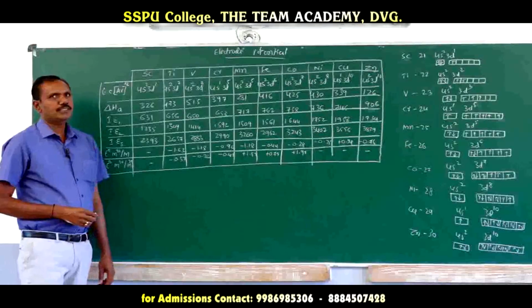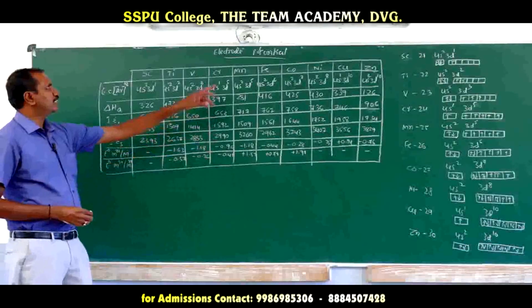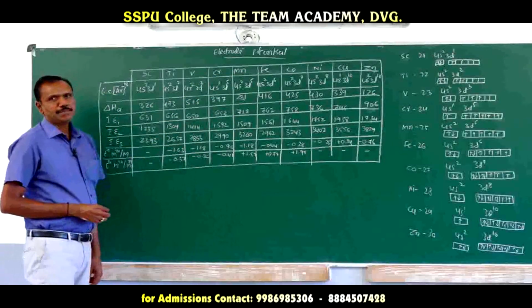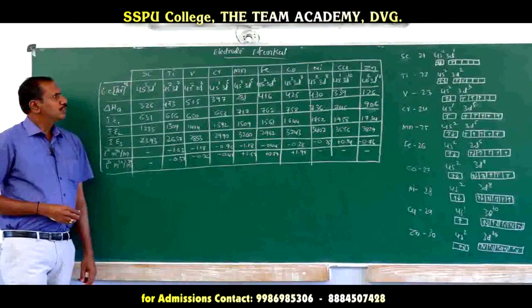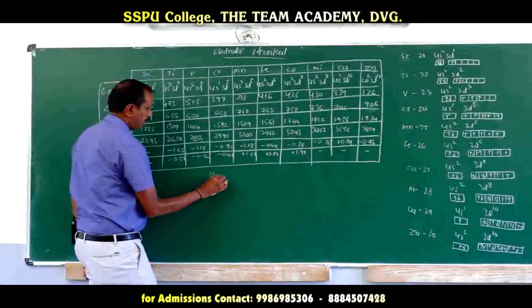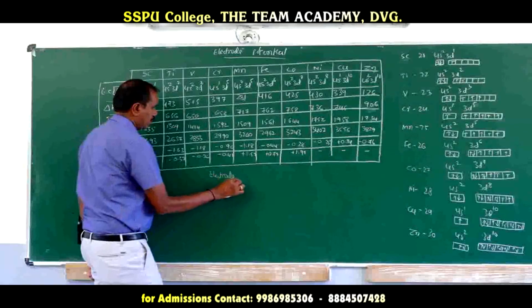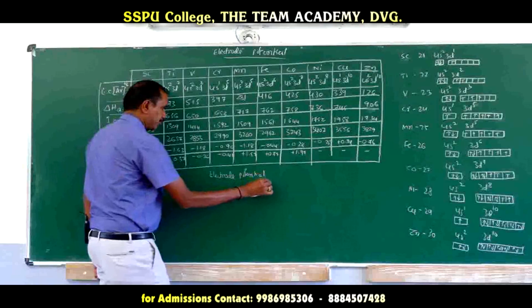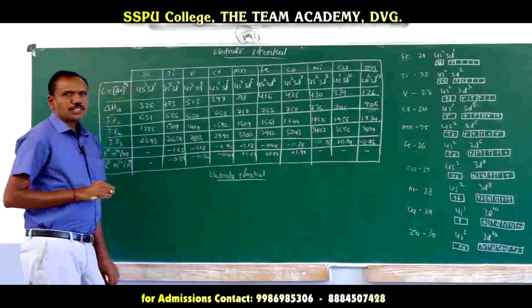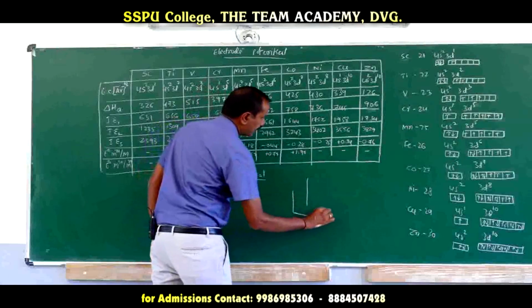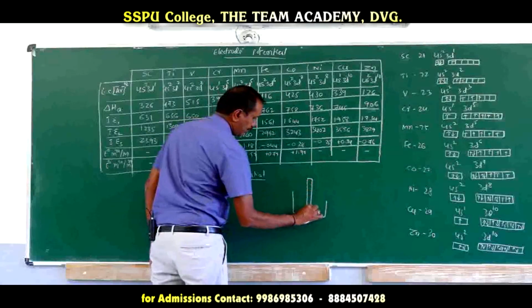So, dear students, now we will discuss the electrode potential in the case of d-block elements. First, we should know what is meant by electrode potential. The electrode potential is the potential developed when the metal is in contact with a solution of its own ion.